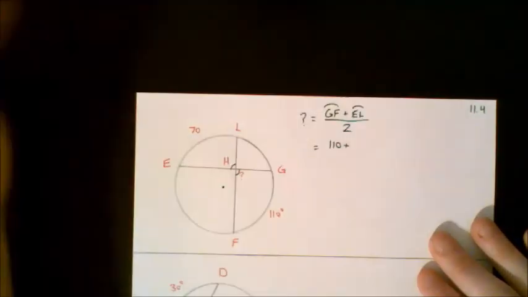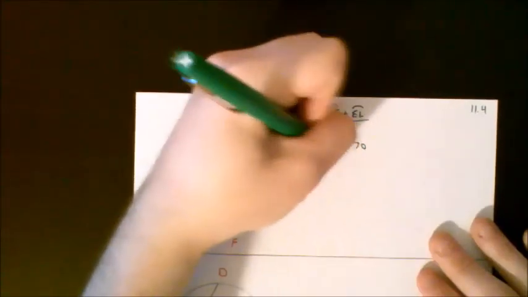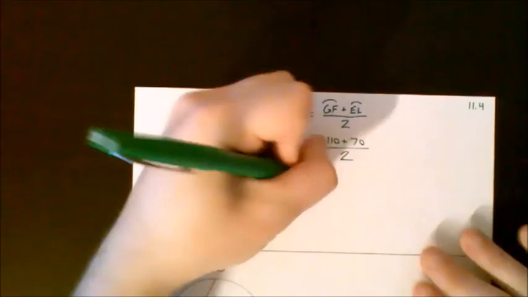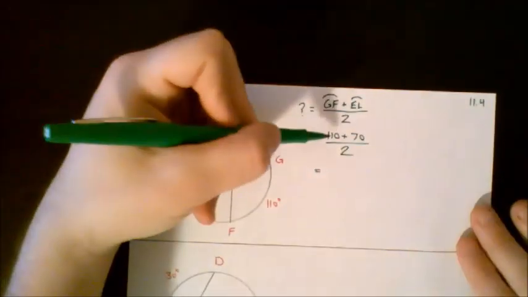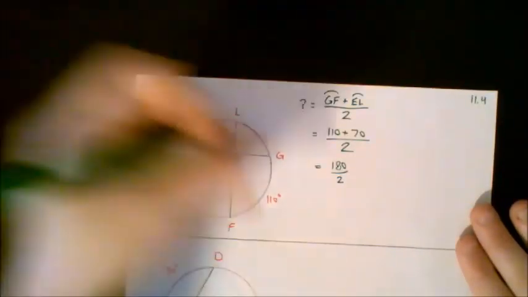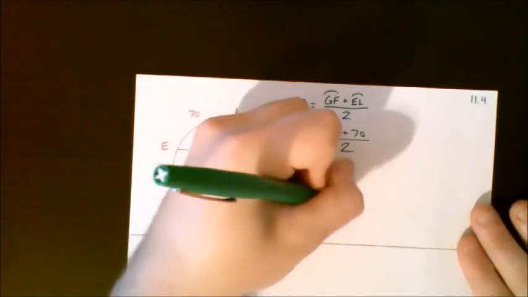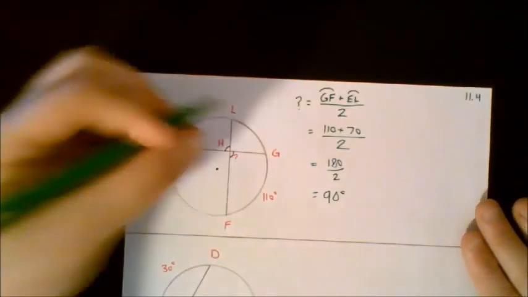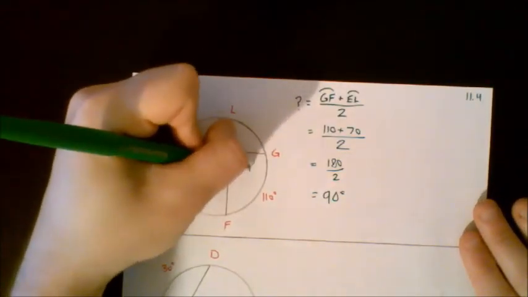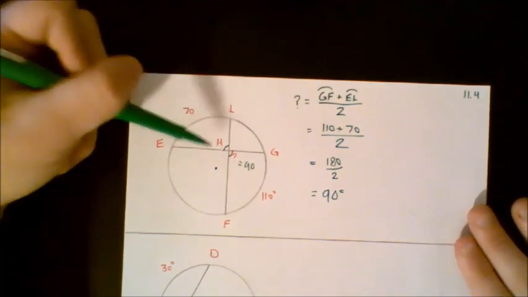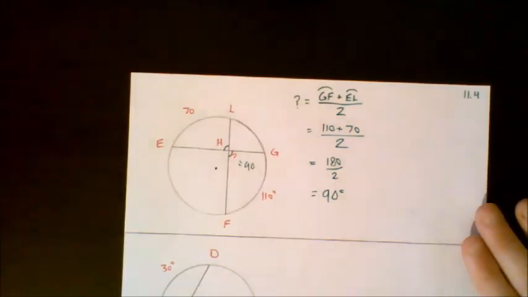So 110 plus 70, divided by 2. That gives us 180 over 2, and half of 180 is just 90. So this angle measure equals 90. Therefore, we could also say angle LHE equals 90 as well.